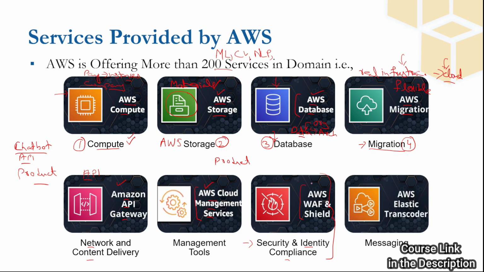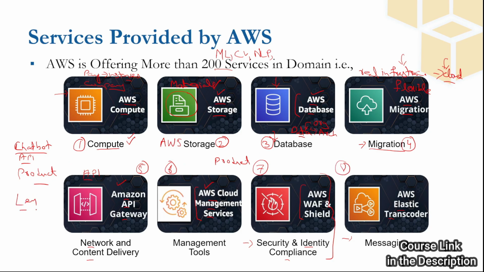Last but not the least, there are a lot of other products as well, like a messaging product, which is AWS Elastic Transcoder. So you can use that to develop your messaging system as well, right? So these are a few important products that I have talked about, and I'll talk about a few products such as AWS Lex later.